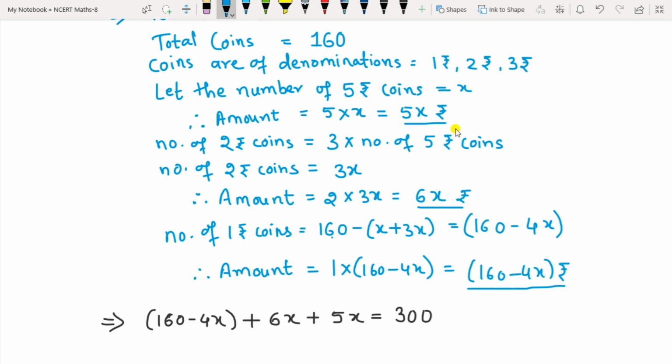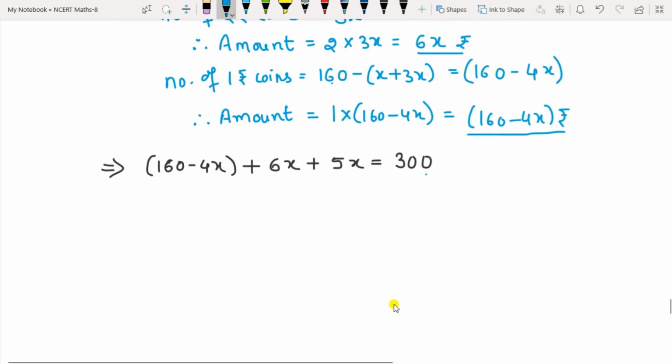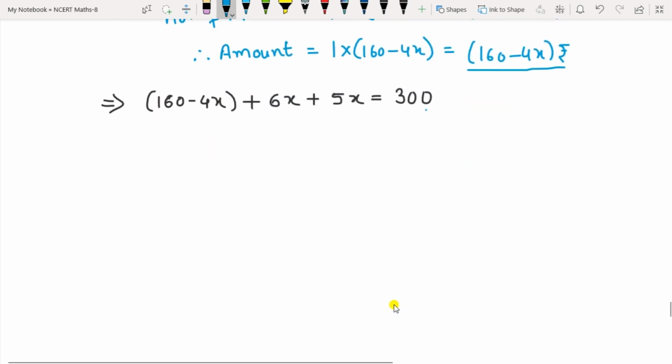The amount is 1 into 160 minus 4x, that gives 160 minus 4x rupees. Now add all these amounts to get 300 rupees. Now find the value of x.